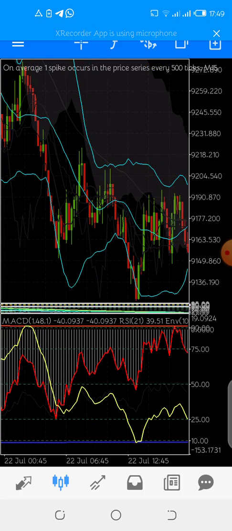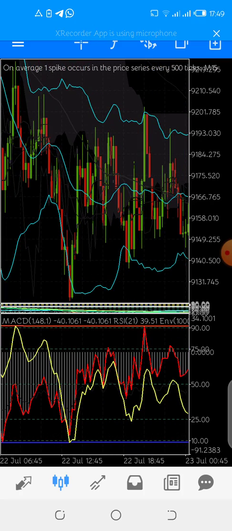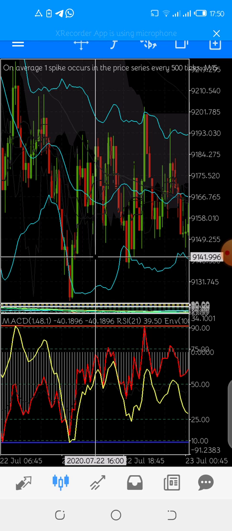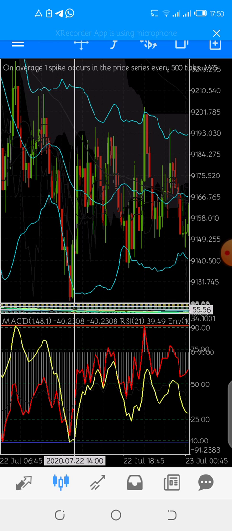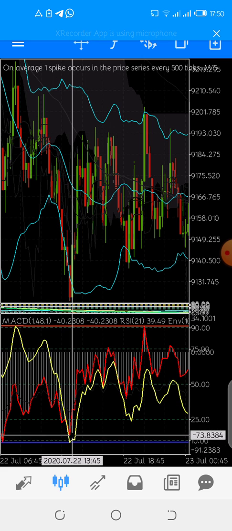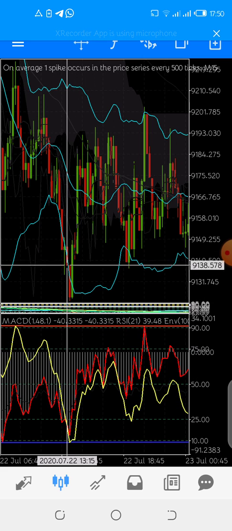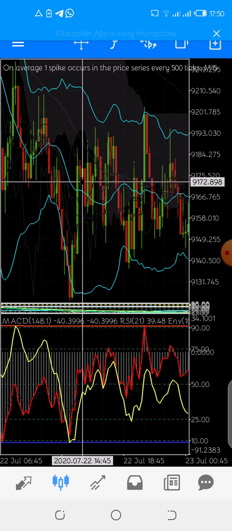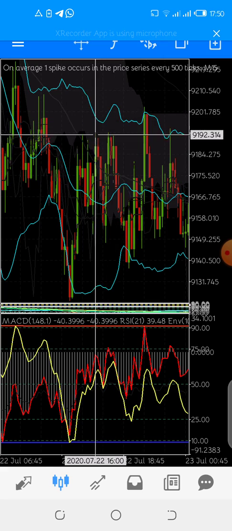Okay, I want to look for such a setup. You see, like this setup here, the Bollinger Band is wide. The Bollinger Band is wide. So if you can get a trade like down here, when it touches here, you see it goes a few pips up. The Bollinger Band itself is very wide.